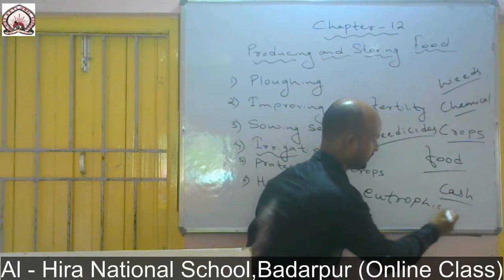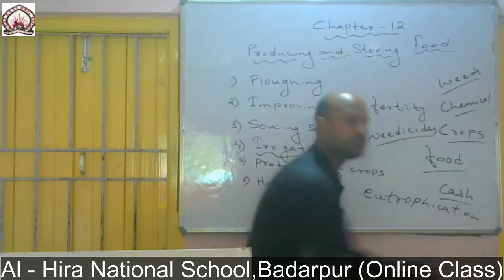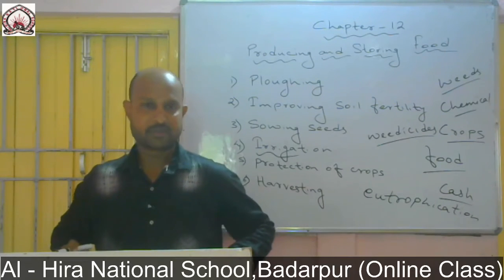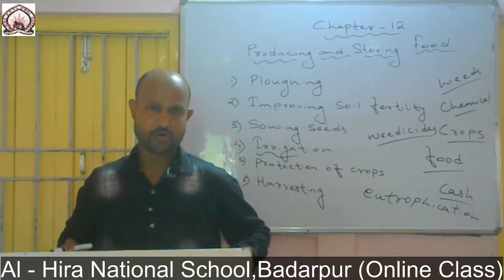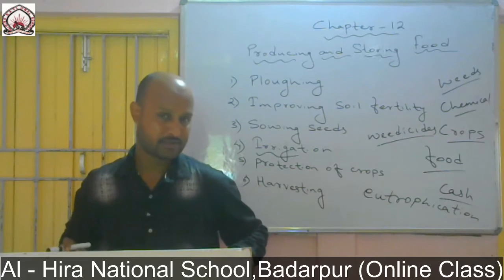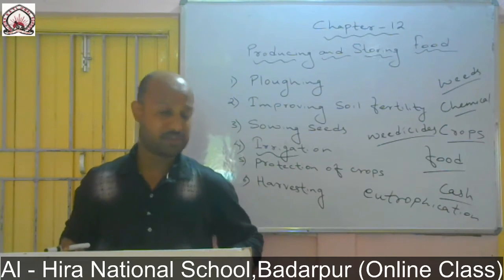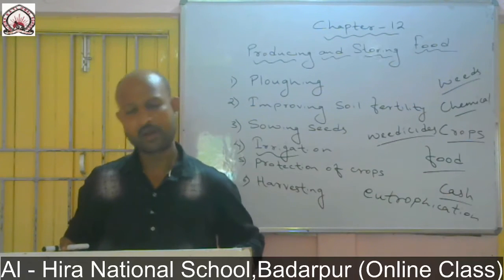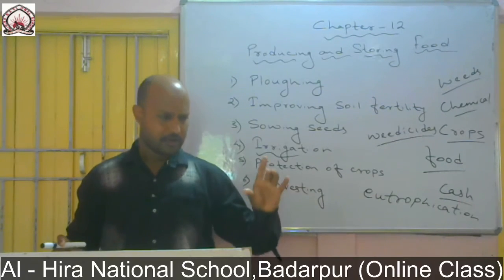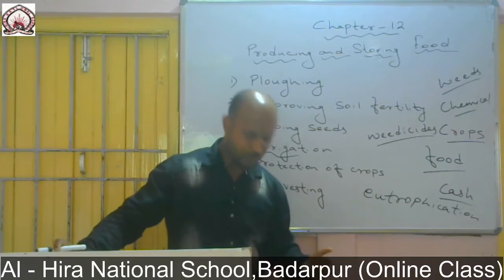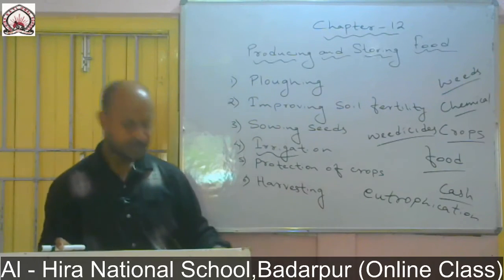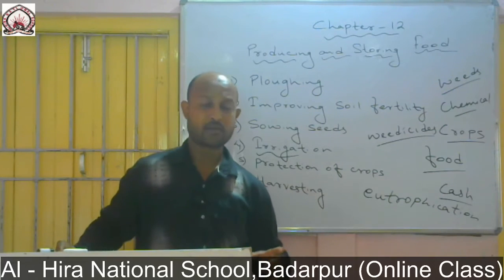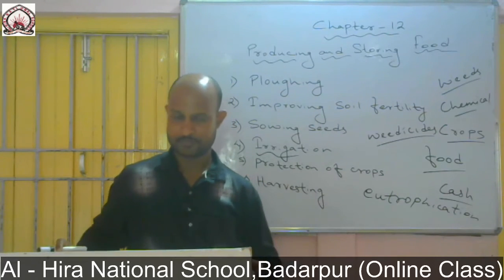eutrophication. It leads to eutrophication. That means the organisms living in the water bodies, including the aquatic plants and aquatic organisms, the fishes and all, lose their lives. Why do they lose their lives? Because we know these aquatic organisms get their needs from the water itself, as they are adapted to live in water.